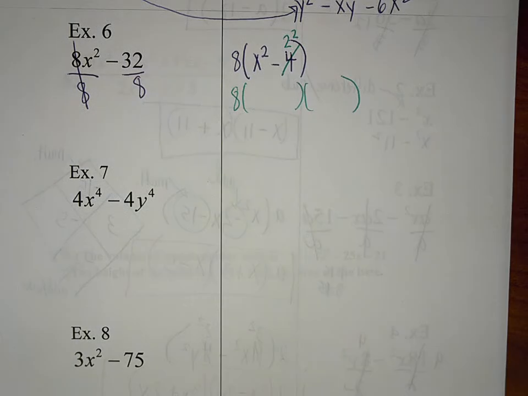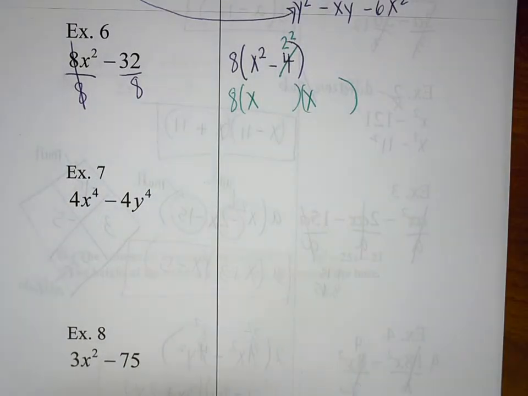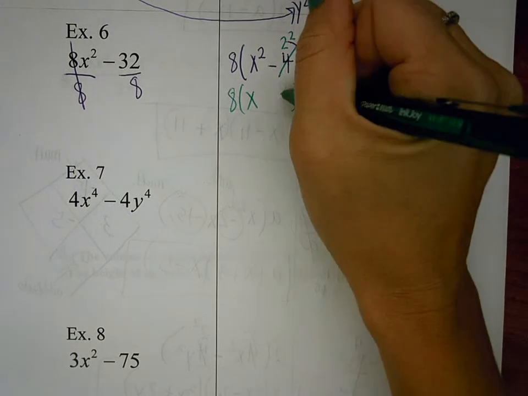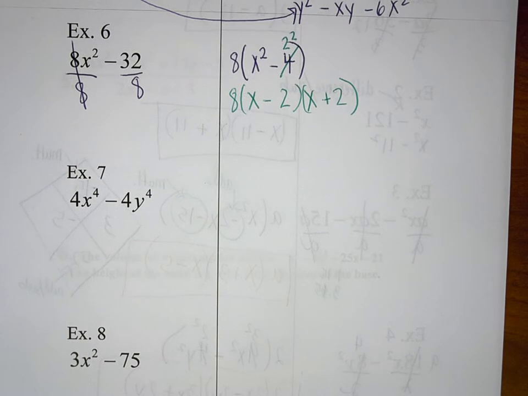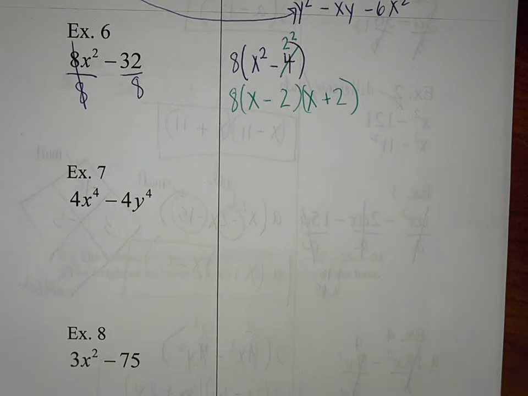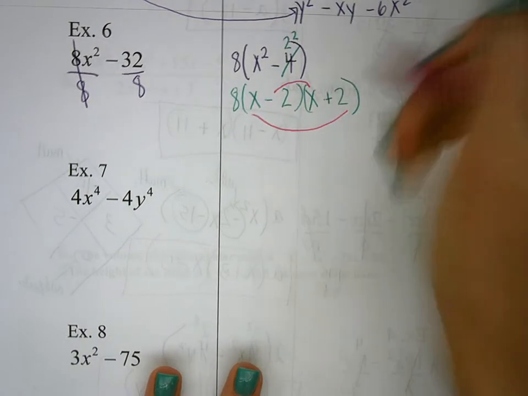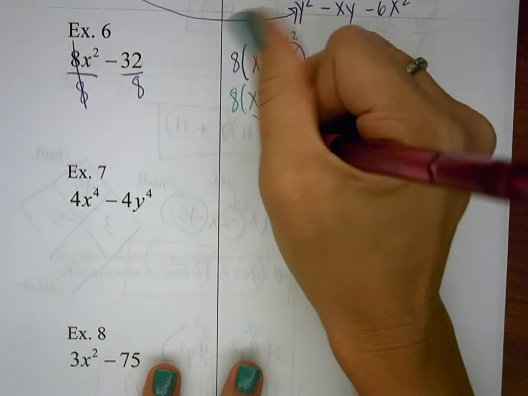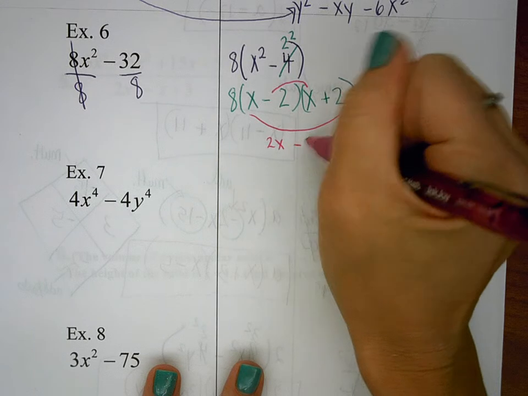We're going to separate our x squared. So what's going to go in the front of each of the parentheses? X. We're going to separate our 2 squared, which will become what? Minus 2 plus 2. Very good. One has a minus and one has a plus. Back to what we talked about in example 5, if I multiply this out, my 2 outside numbers multiply to be 2x, and my 2 inside numbers multiply to be negative 2x.